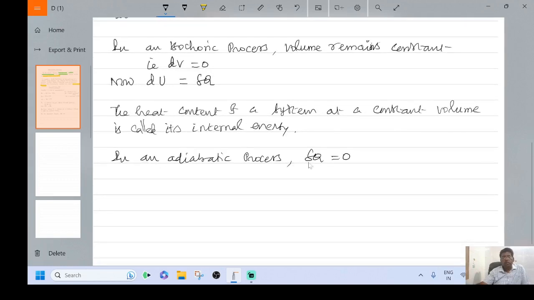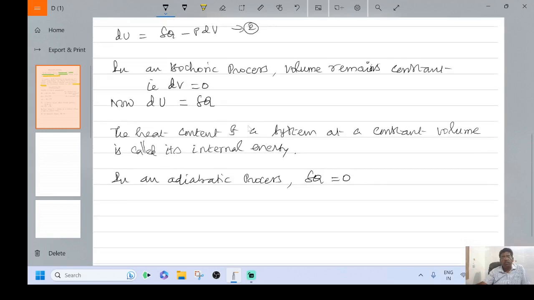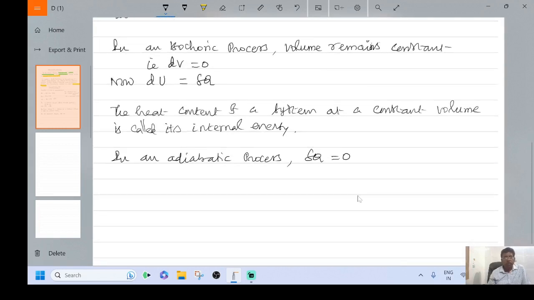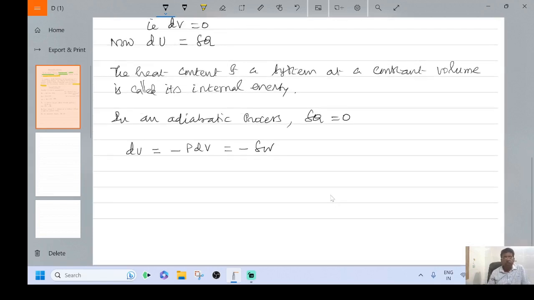If you put del Q equal to 0 in equation 2, then dU equal to minus PdV. This is minus del W. Now we may write del W equal to minus dU.